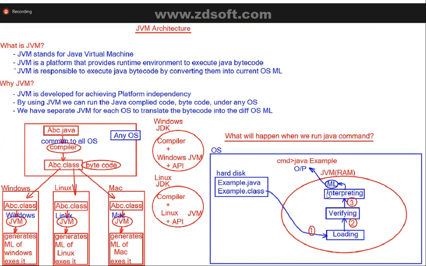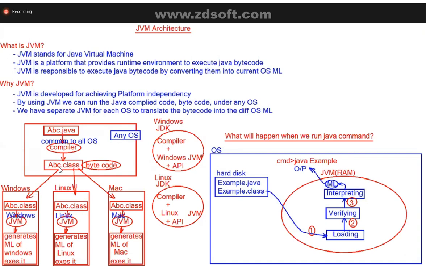Somebody asked me, sir, why do we need the verification phase? We require the verification phase because, if you observe this diagram, you compiled a Java program on one computer somewhere in the world, and you are downloading this bytecode onto your computer via network.